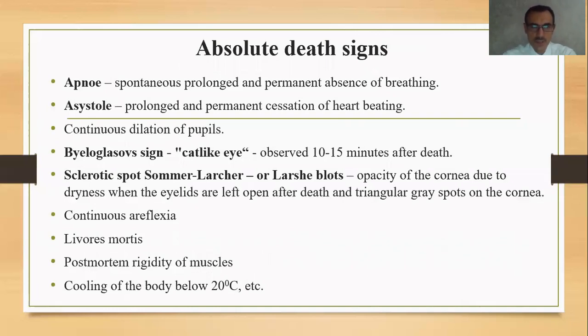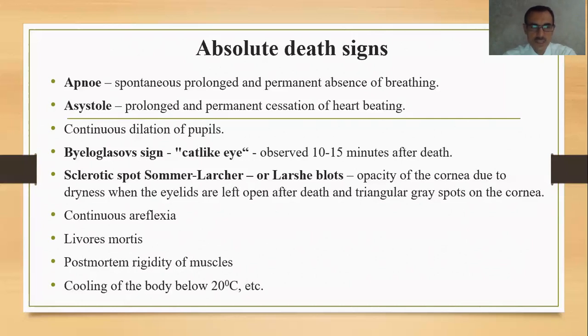And absolute death signs. First, apnoea, a spontaneous, prolonged, and permanent absence of breathing. Asystole, the prolonged and permanent cessation of heart beating. Continuous dilation of pupils. Beloglazov's sign, or the cat-like eye, that appears 10-15 minutes after death.